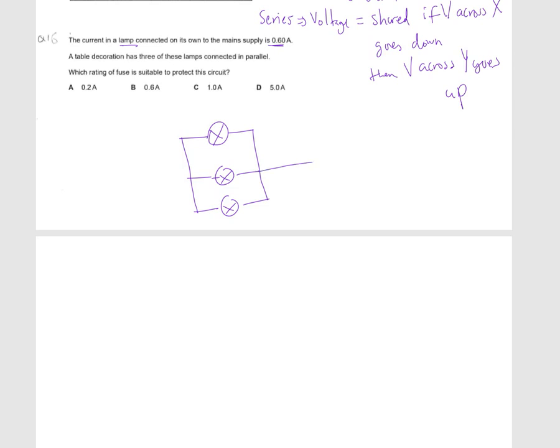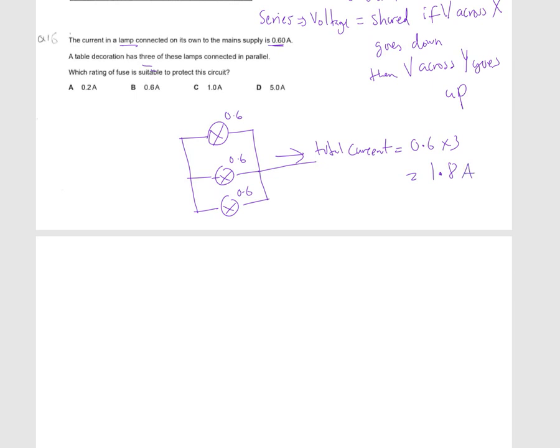Now one of them is 0.6. The other one is 0.6. The other one is 0.6. So how much is it in total? Therefore, the total current is 0.6 times 3 because there are 3 of them, which is 1.8 amps.